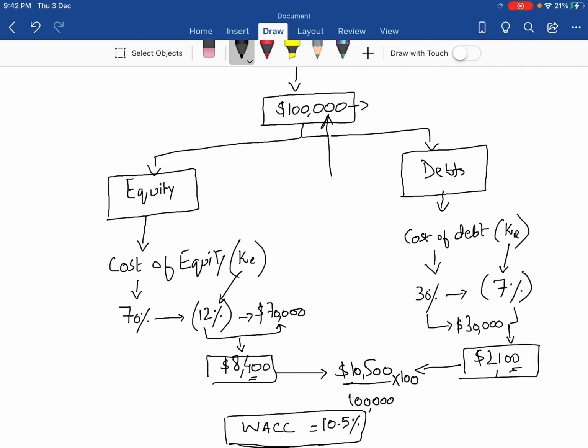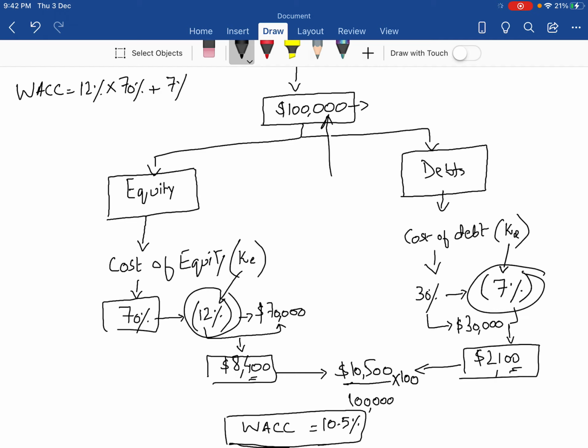So this is one way of calculating this WACC, and the other way of calculating the weighted average cost of capital is to just pick the cost of equity, which is 12%, and multiply it with the proportion of equity, that is 70%, plus pick the 7%, the cost of debt, and multiply it with the proportion of the debt.